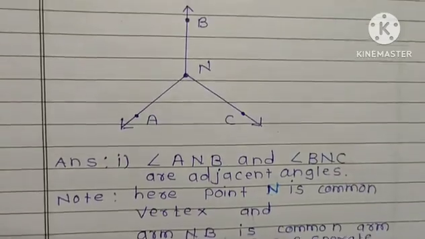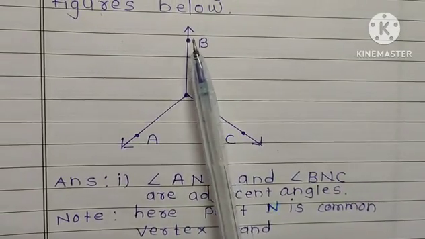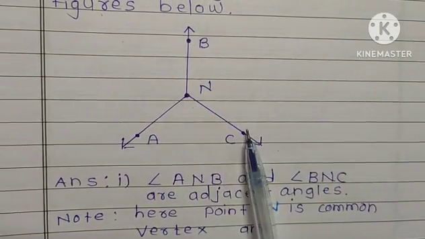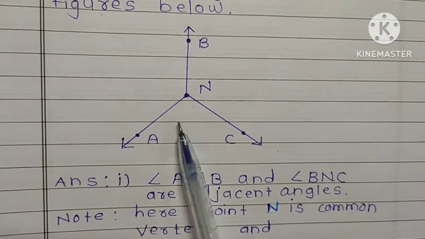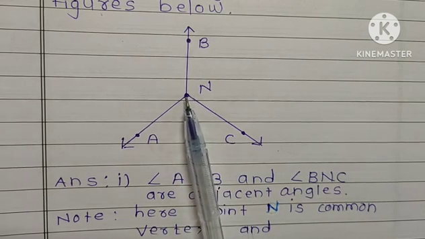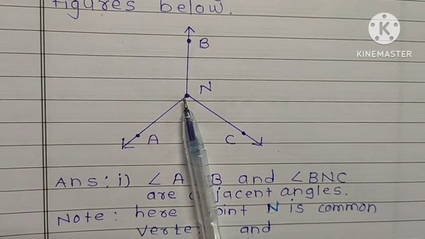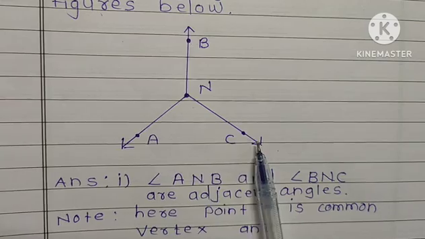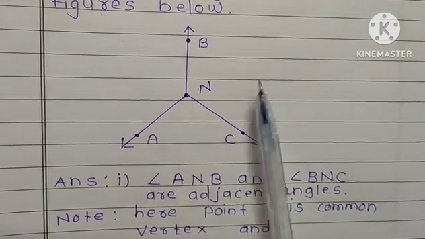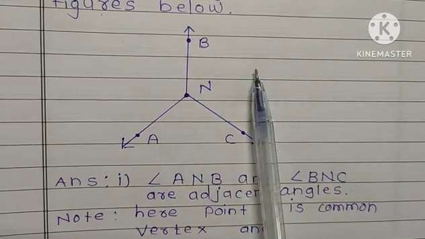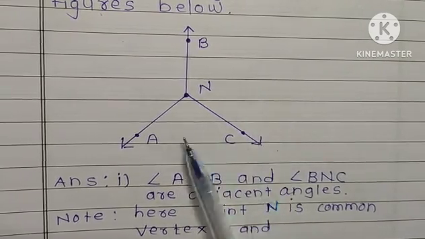See, angle B and C, this angle, and angle A and C, this angle. Again here, point N is common vertex. Arm NC is common arm between these two and their interiors are separate.